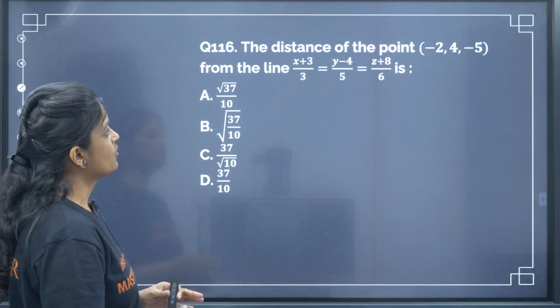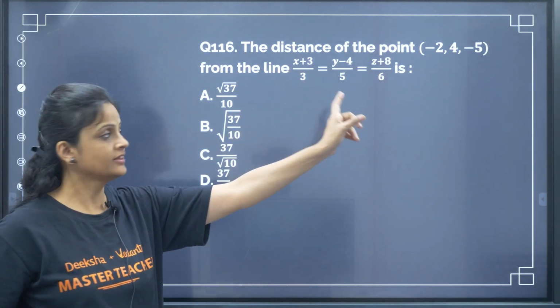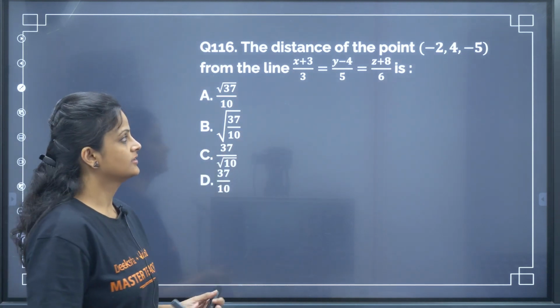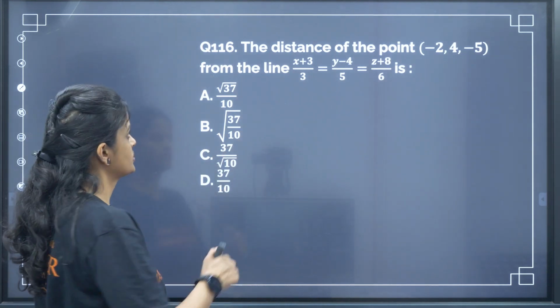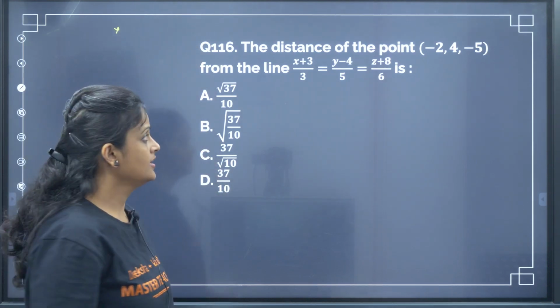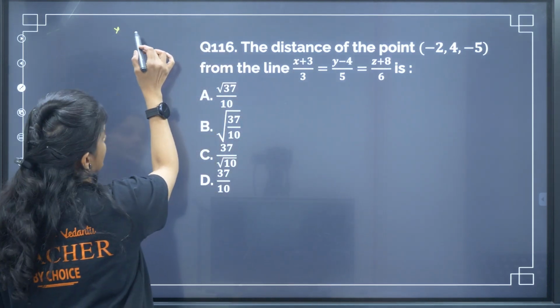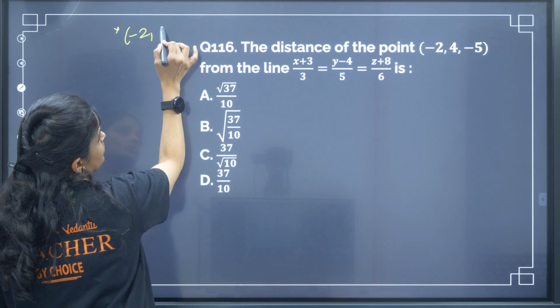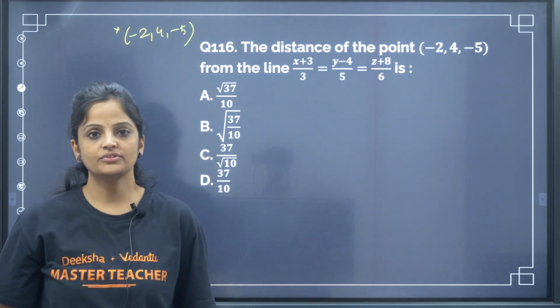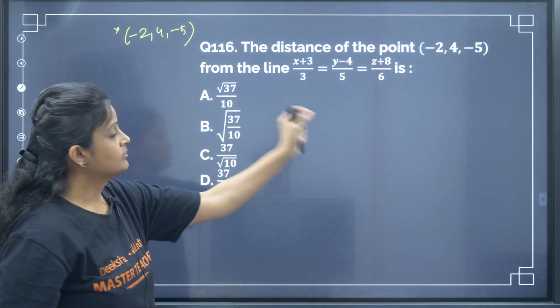Next question is here. The distance of a point, the point is given there, from the line. So one problem we have solved in that 3 dimension. This is the other question. There one point was given and the perpendicular condition was there. Here the point is given as (-2, 4, -5). Distance of the point from the line.